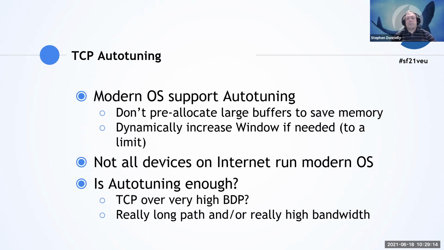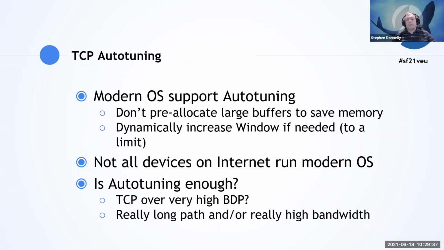So if that's true, then why did we just bother learning about tuning receive windows? What's the point of that? Well, a couple of things. First of all, not all devices on the internet run modern OSs. There's a lot of IoT devices which might have simpler networking stacks, and don't necessarily have the ability to automatically tune their receiver window.